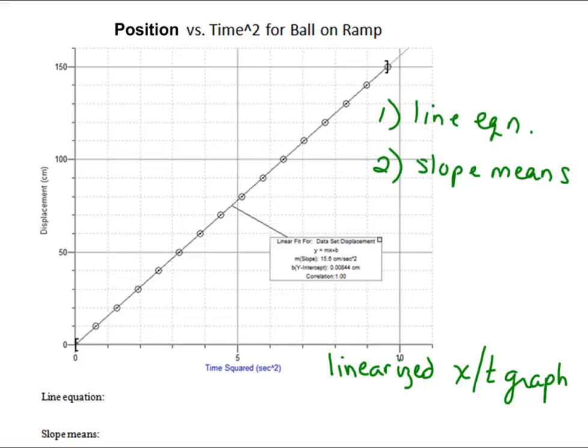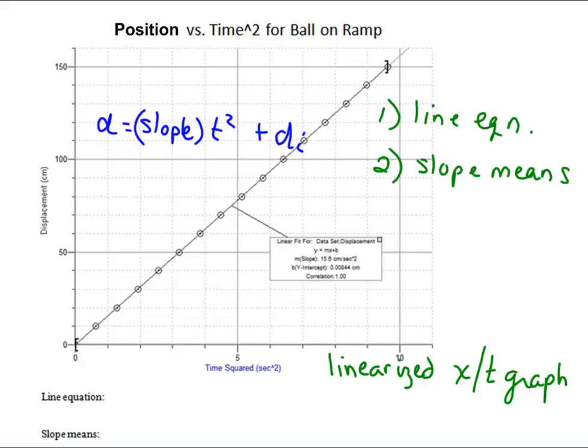If we write out the generic line equation, we're going to start out with displacement, and that equals our slope times t squared, because the horizontal axis variable is t squared, plus some sort of initial displacement, di, let's call it. We should take a look at this equation and see if it matches or looks similar to any of our kinematic equations.